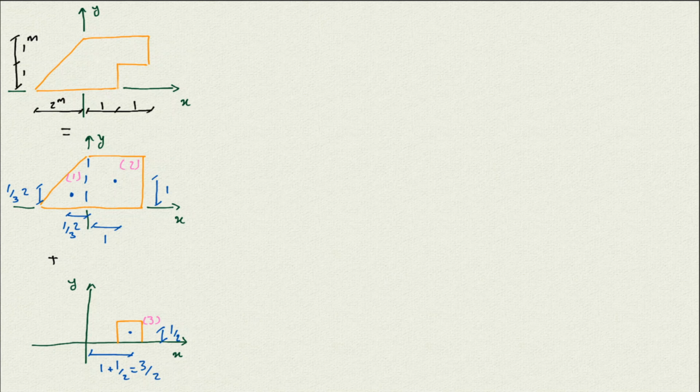Now that we have them, we can go ahead and calculate what we need for each segment. So let's start with segment 1. Segment 1 is that triangle here. The area for that triangle is half of base times height, so half of 2 times 2, which is 2.